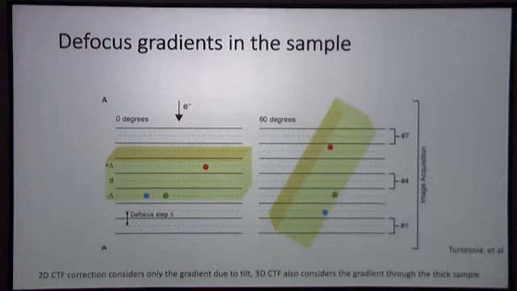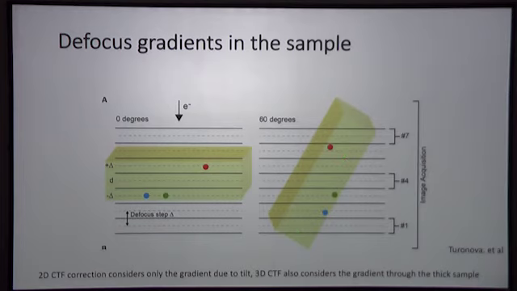What's most commonly done is to take into account the fact that when you tilt your image, one side of it is at a different defocus to the other side. Nevertheless, one would then use a single defocus value to do the correction. So if we imagine we use defocus value D to correct the 0 tilt image, then this would be compensated according to the tilt, and this would be compensated according to the tilt.